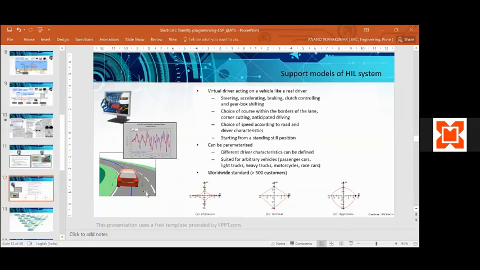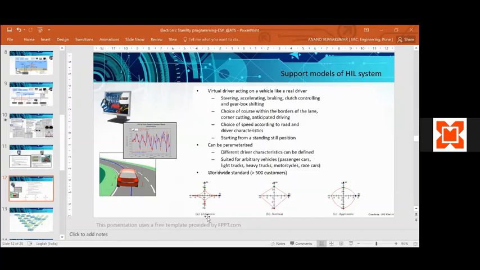Coming to the next model, the driver model. The driver behavior is very important, because it is categorized into three, but however we can go with more and more customer usage patterns and driving patterns to create the driver characteristics.